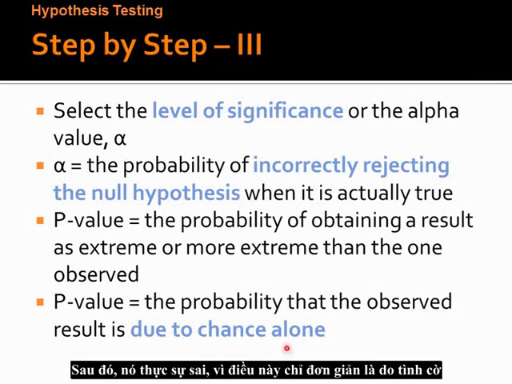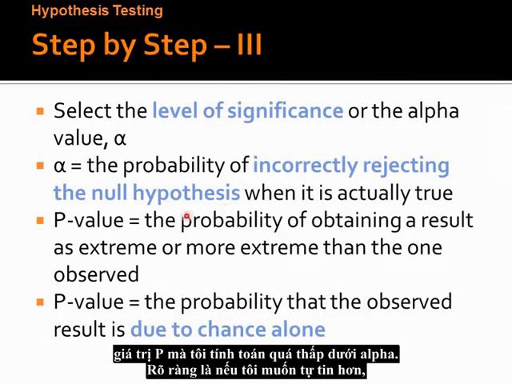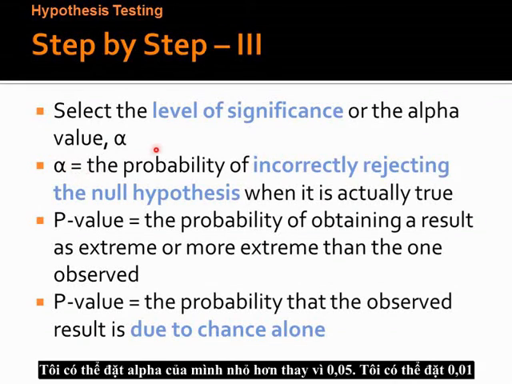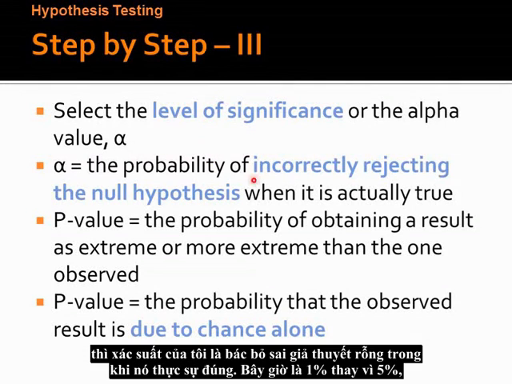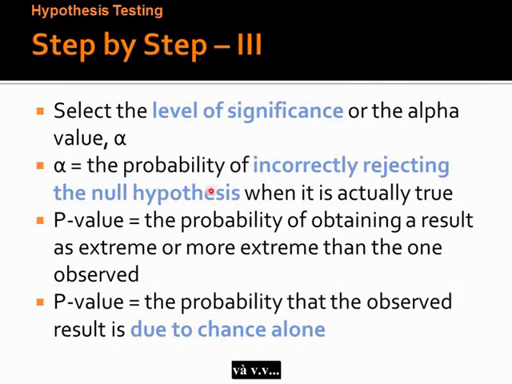It so happened that it really was simply due to chance that the p-value I calculated was too low, below the alpha. Now obviously, if I want to be more confident, I can set my alpha smaller. Instead of 0.05, I can set it to 0.01. Then my probability of incorrectly rejecting the null hypothesis when it's actually true is now 1% rather than 5%, and so on and so forth.